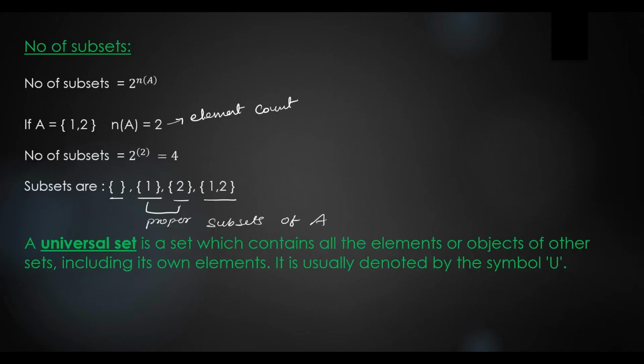Okay, the next one, universal set. What is a universal set? A universal set is a set which contains all the elements or objects of other sets, including its own elements.